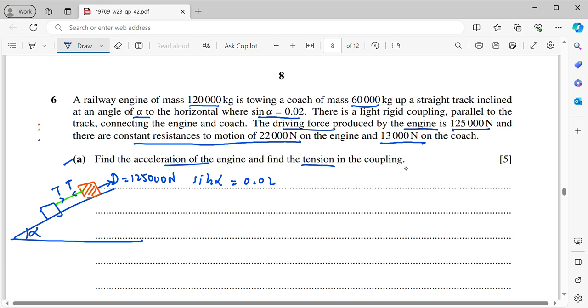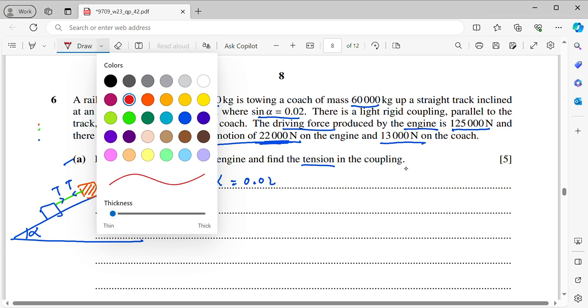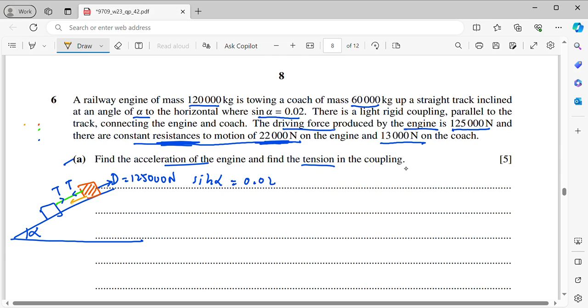At the same time you also have the resistance, 22,000 newtons. Let's say this is the engine. And then this is the coach, so Fc. For the engine, you will have mass of 120,000 kilograms, so the weight is just times g. For the coach, it is 60,000, so it is 60,000 g. So this is the diagram.